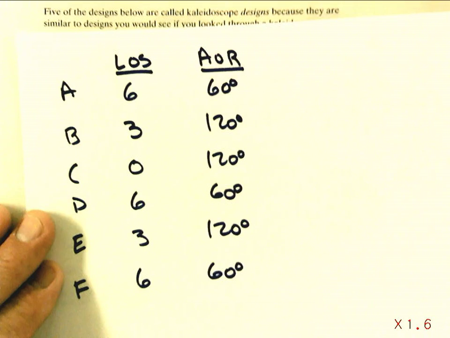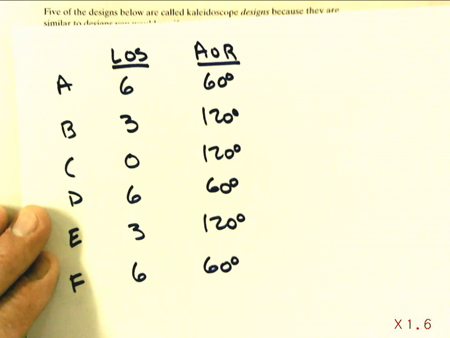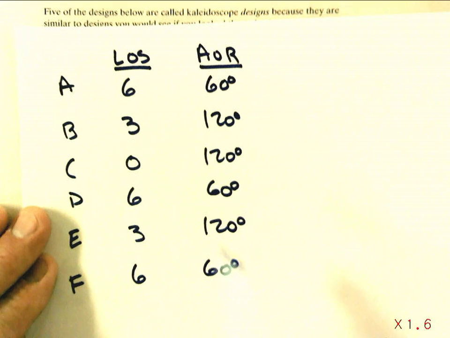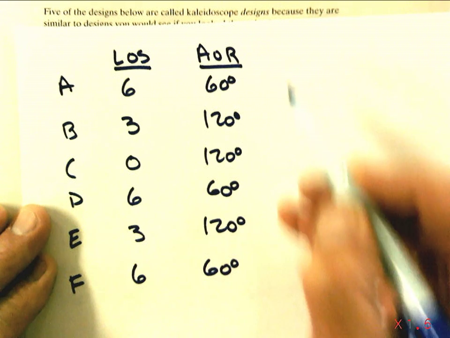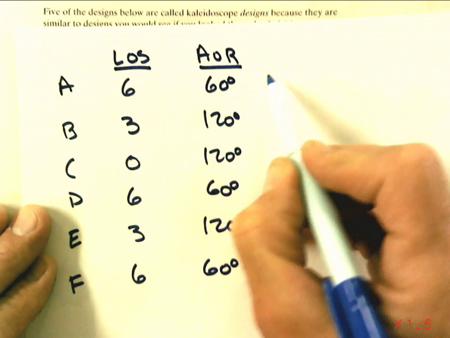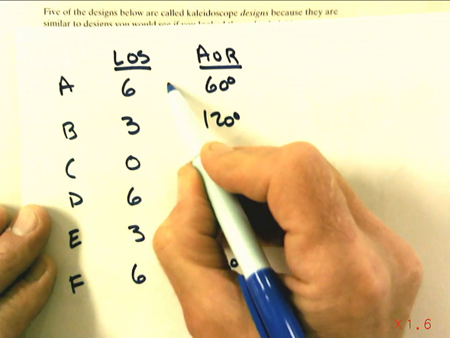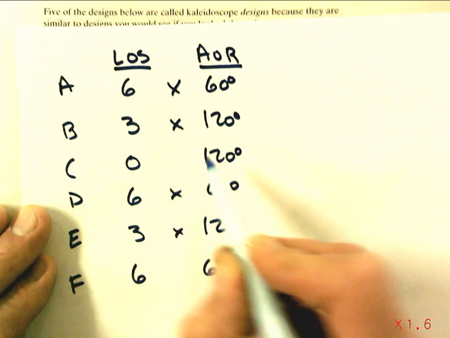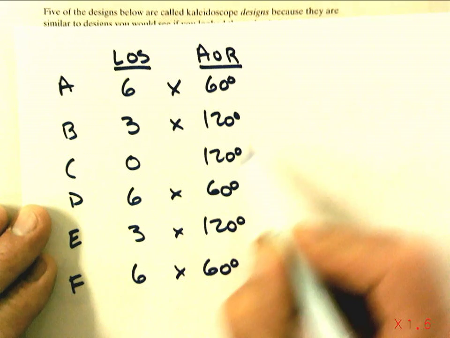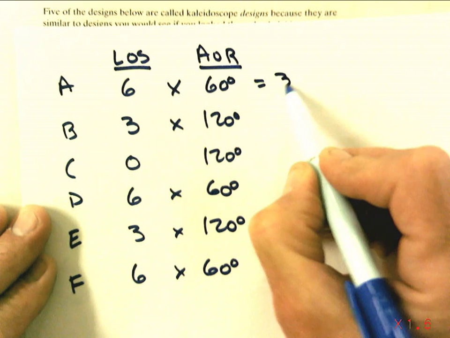Now, if you notice the pattern, or look for a pattern, except for C, which is kind of an odd one, again, with the words in it. If you notice all of these, if I take the lines of symmetry times the angle of rotation, except of course for C, they equal 360 degrees.